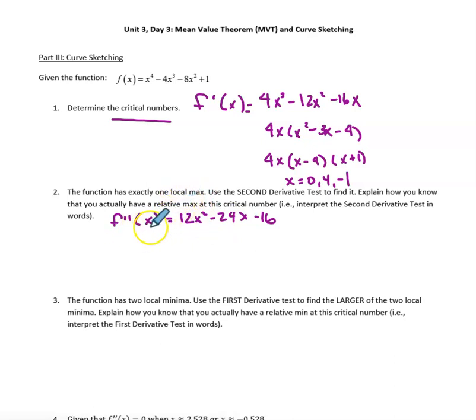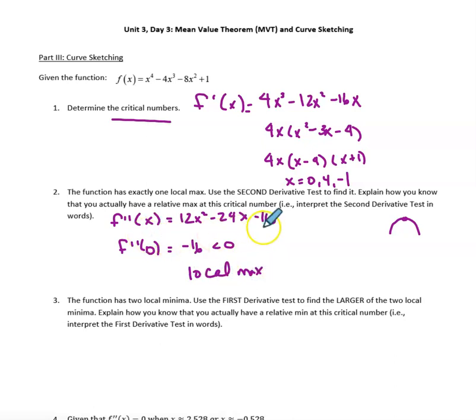We want to find out where the second derivative is negative, because if the second derivative is negative, the function is concave down, and there is a local max. So I can just plug in each value, f double prime of 0, this is the easiest one to plug in, is negative 16, and negative 16 is less than 0, and therefore I have a local max at x equals 0.